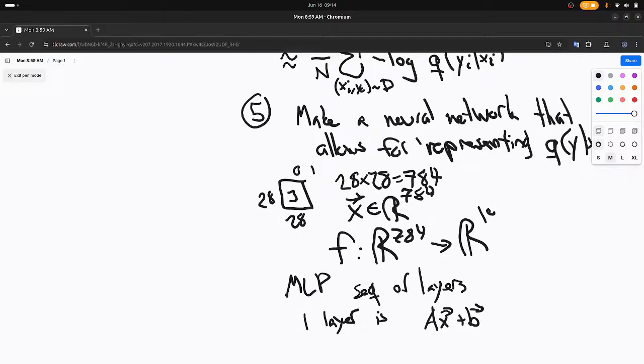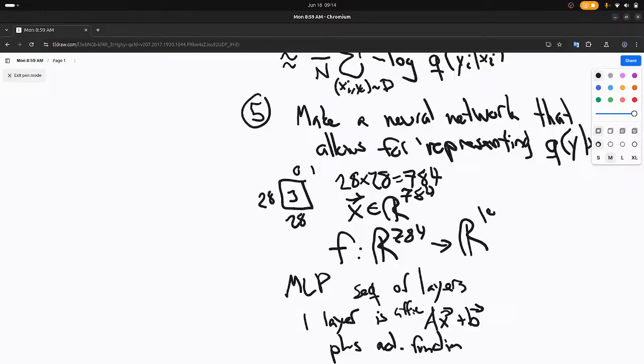I have an input vector x, it might be this existent vector. I multiply it by a matrix, this maps it to another vector with some dimensionality. I add the vector, and then I maybe finally affine plus activation function.